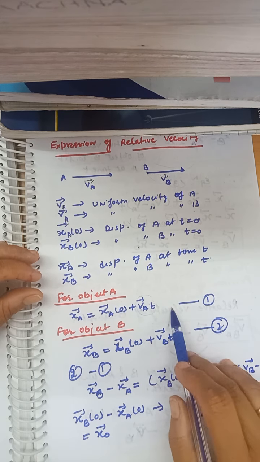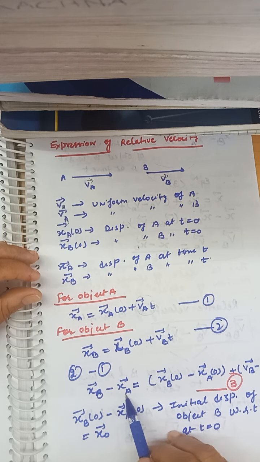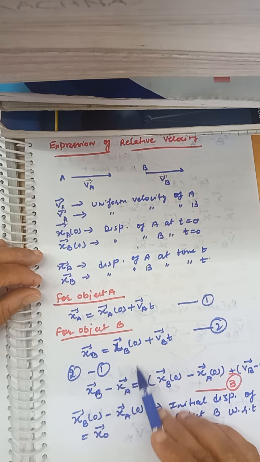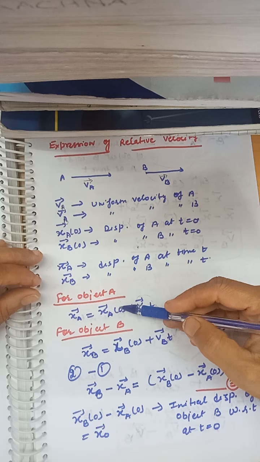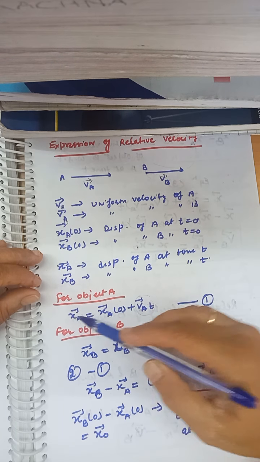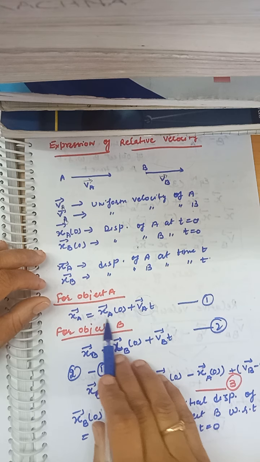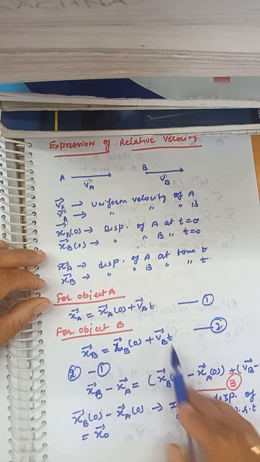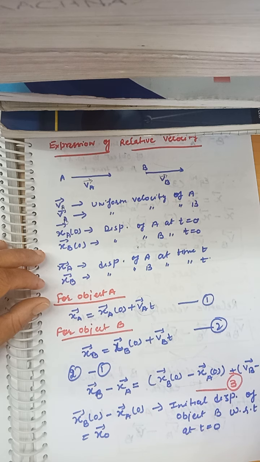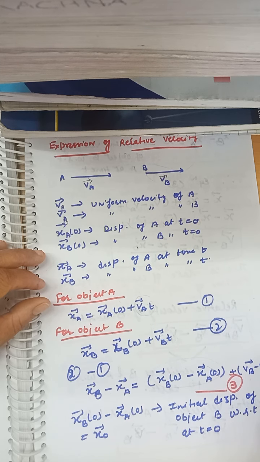Subtract equation 2 from 1. When you subtract left hand side and right hand side, you will be getting xb minus xa, and xb naught minus xa naught as one expression, and vb minus va into t as another expression.